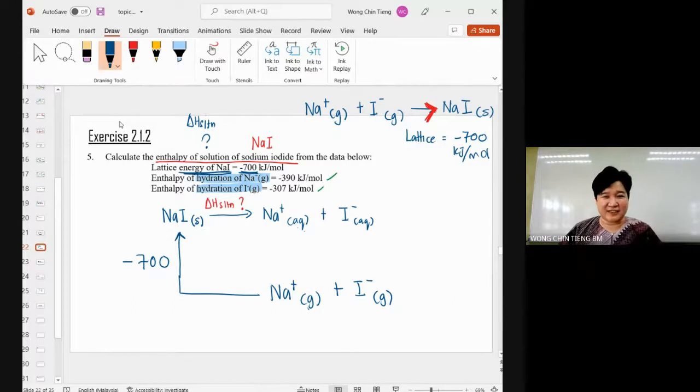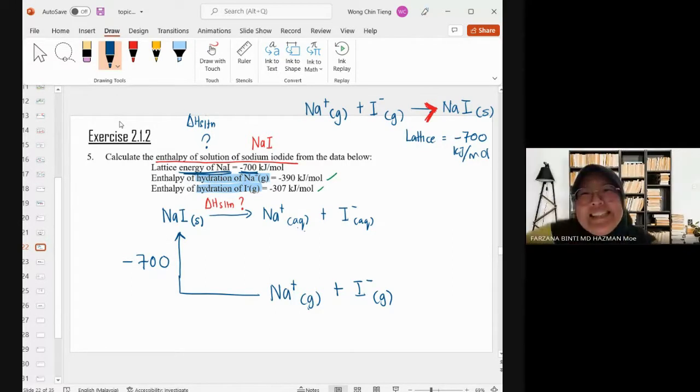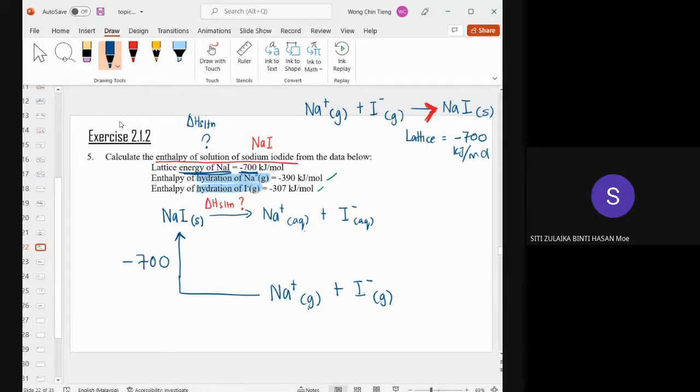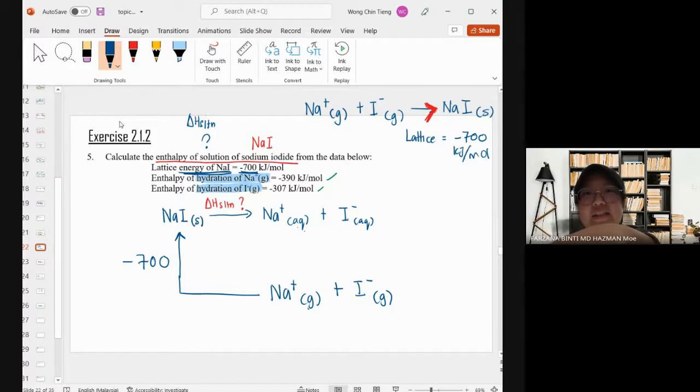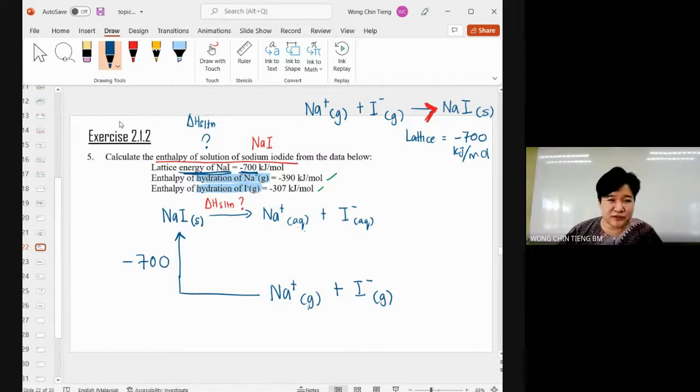Ya, Fazana, guess. Gas to aqueous or aqueous to gas? Gas to aqueous. Therefore, Fazana also, the arrow menuju ke aqueous atau arrow dari aqueous?